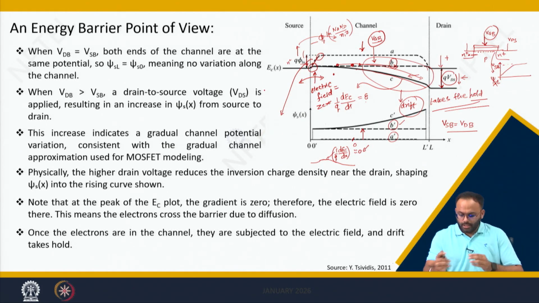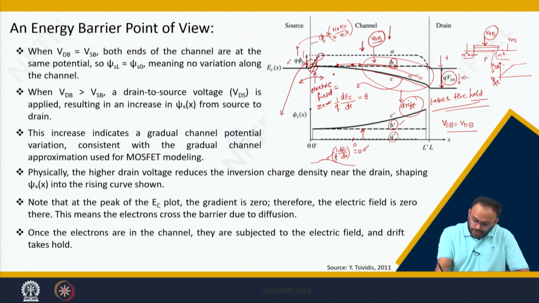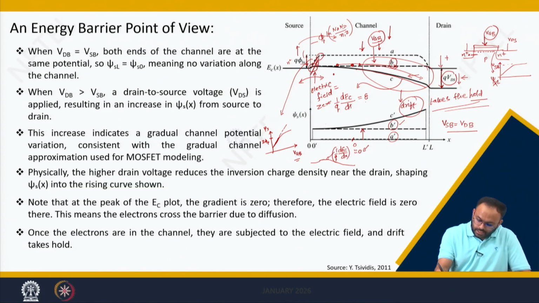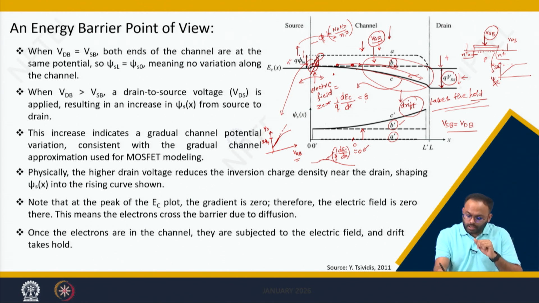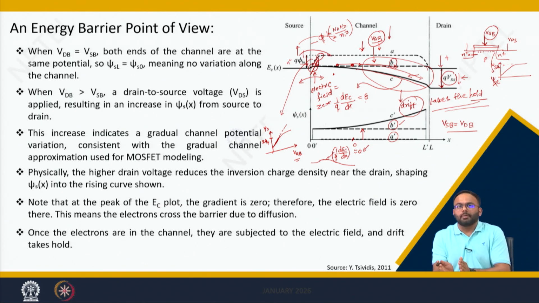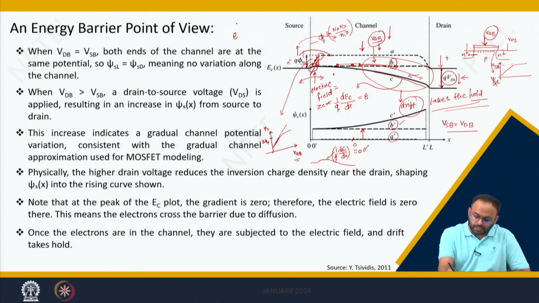When you apply VGB, a slight change in the surface potential at the source channel junction happens. If I want to explain this in terms of surface potential, if you increase VGB, the surface potential increases linearly. You remember this graph, we have plotted that until weak inversion, the surface potential is linearly dependent on VGB. And we know that the barrier lowering, or the carrier density across the barrier, depends on the exponential of the barrier height.